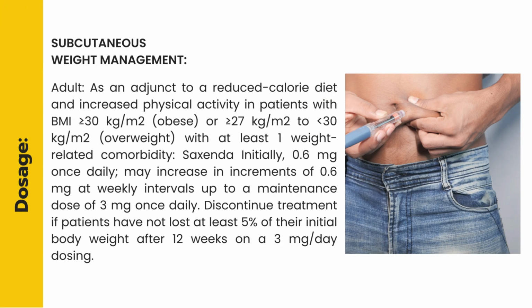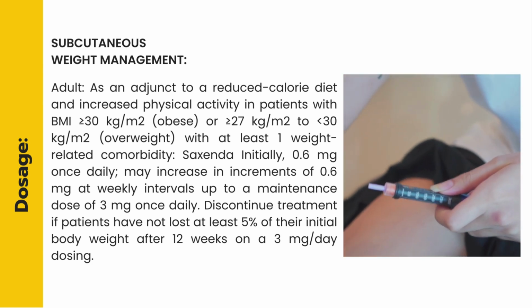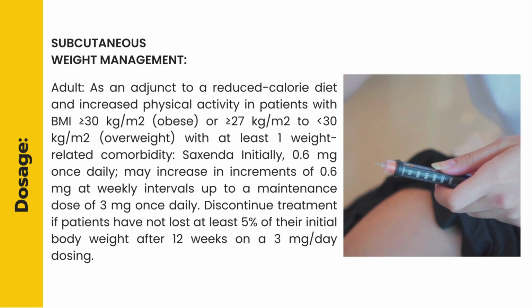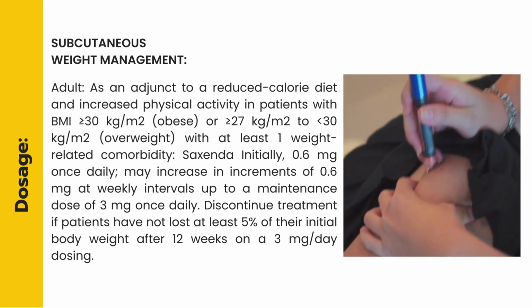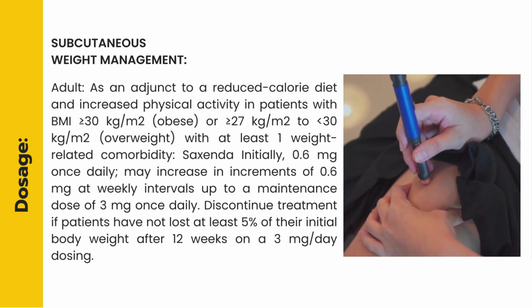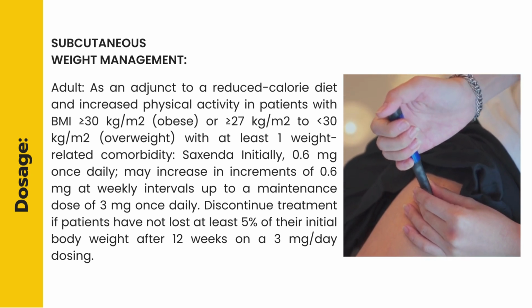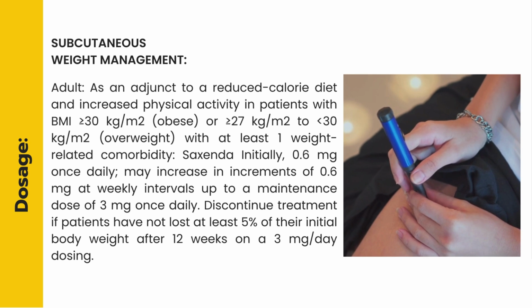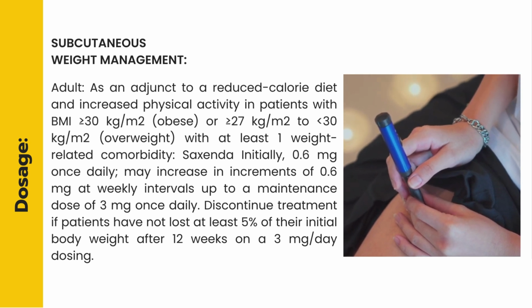Subcutaneous. Weight management. Adult, as an adjunct to a reduced calorie diet and increased physical activity in patients with a body mass index greater than or equal to 30 kilograms per square meter, obese, or greater than or equal to 27 kilograms per square meter to less than 30 kilograms per square meter, overweight, with at least one weight-related comorbidity.